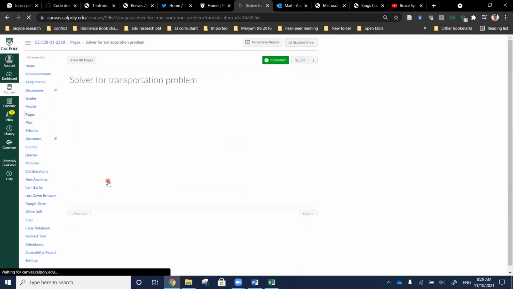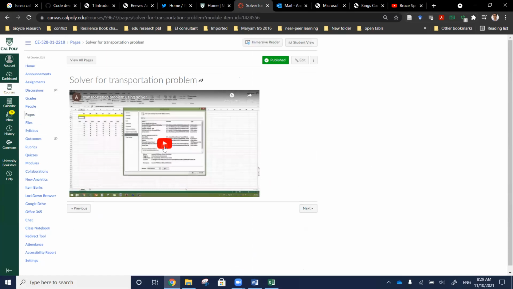This is the tutorial that will teach you how to use solver, and this is where I set up the transportation problem in the Excel file. I think that will give you some idea about how this sheet works. So your steps would be: watch the transportation problem using solver video, go through the Word file, then edit the Excel file, and then follow the steps in the Word file for solving your problem.